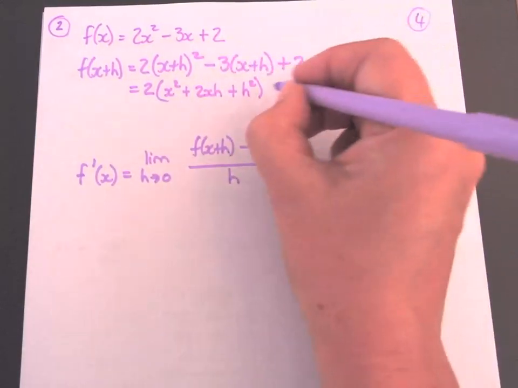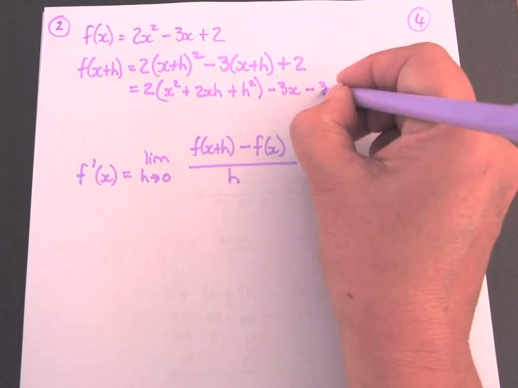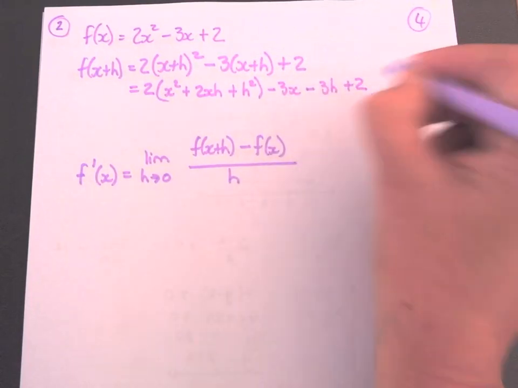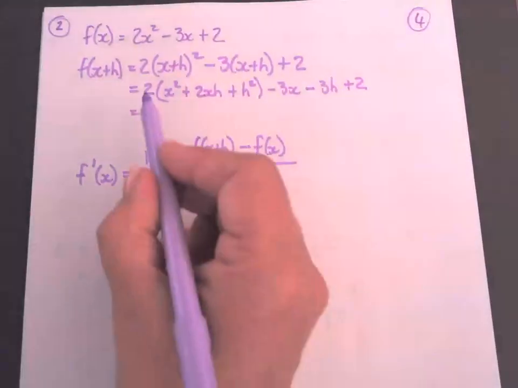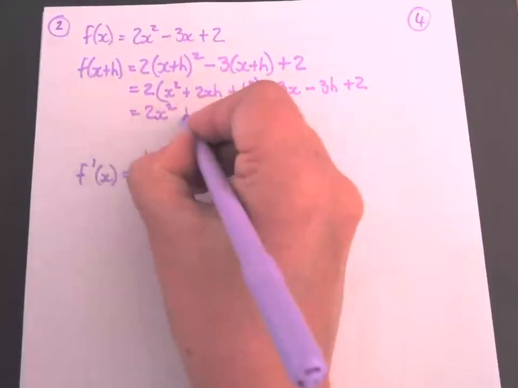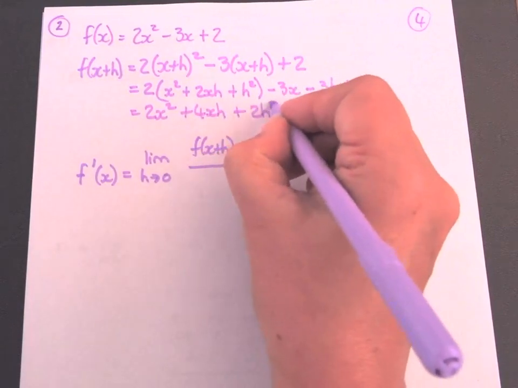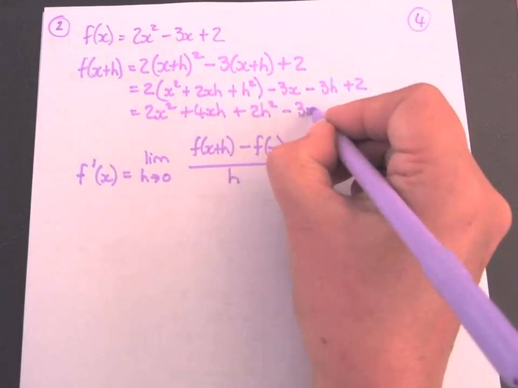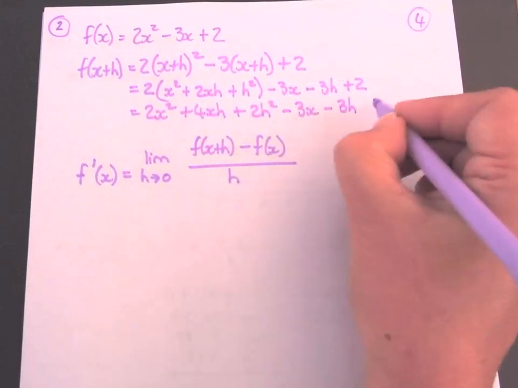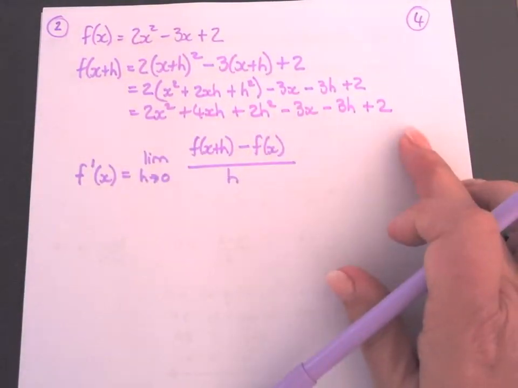Multiply the minus 3 in, minus 3x minus 3h plus 2, and then multiply the 2 in. 2x squared plus 4xh plus 2h squared minus 3x minus 3h plus 2. Are there any like terms? No, so that's my final answer.